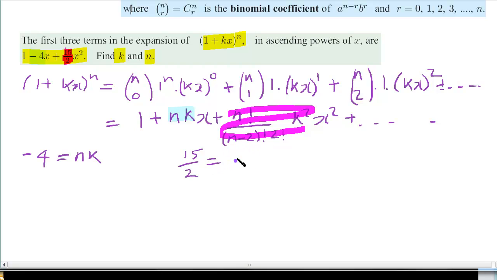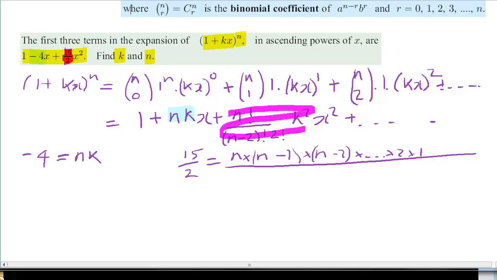Well, how can we simplify this? n factorial we know is the same as n times n minus 1 times n minus 2 times all the way down to 2 times 1. Oh, I've forgotten my k squared there, so let's put that in on the top of the fraction, so you get n factorial times k squared on the top and just what you had on the bottom.